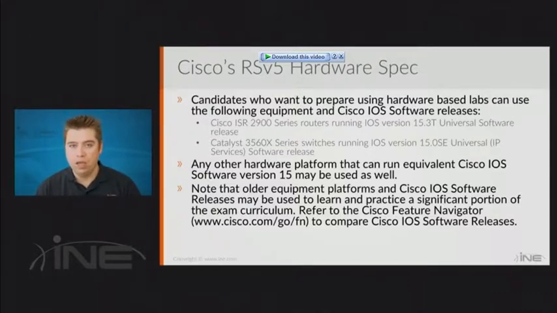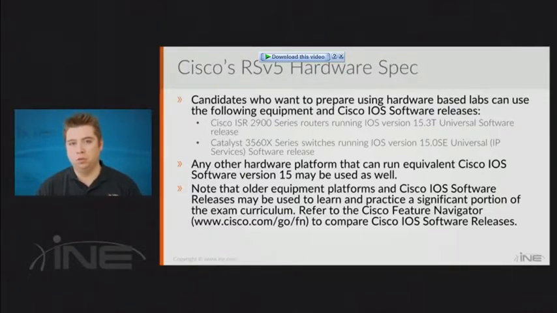Now, of course, we are going to be hosting the hardware topology, and we do host the hardware topology now. You can rent it right now, today, if you want. But you don't need to have support for every single feature at any given time, because you'll see the exam scope is so large. If I buy a regular Catalyst 3560 and compare this to a 3560X, what's really the difference in our scope?